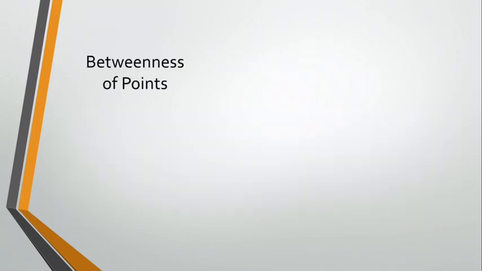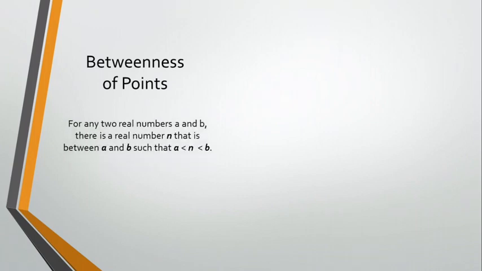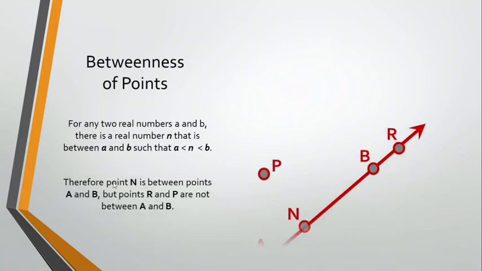The next topic that we are going to discuss is betweenness of points. And I know the word betweenness sounds like a funny term. If something is between, that means it is in the middle of it. But with betweenness of points, we're talking about the point itself. So for any 2 real numbers, A and B, there is a real number n that is between A and B such that A is less than n and n is less than B. This lets us come up with the following statement.